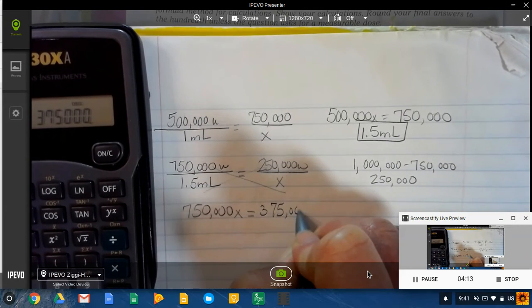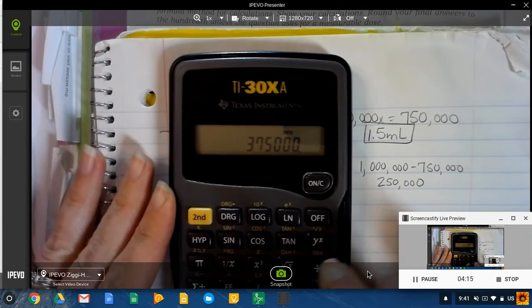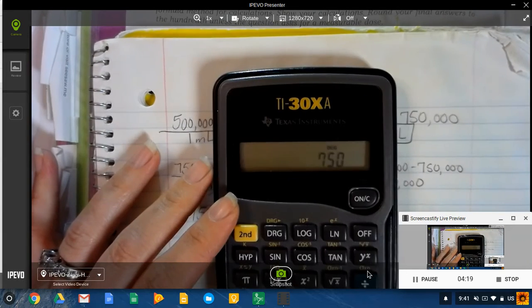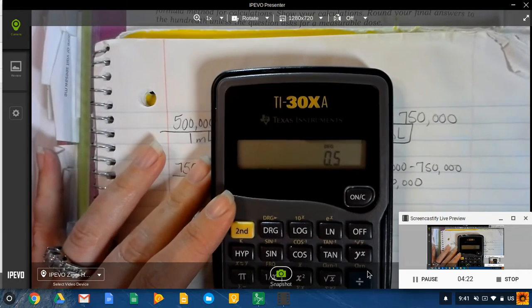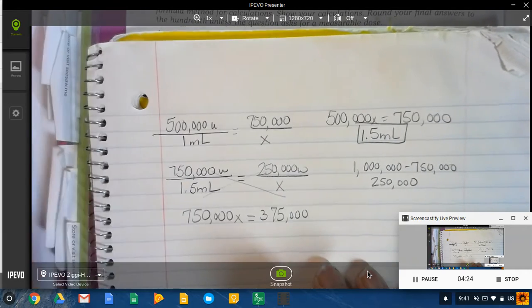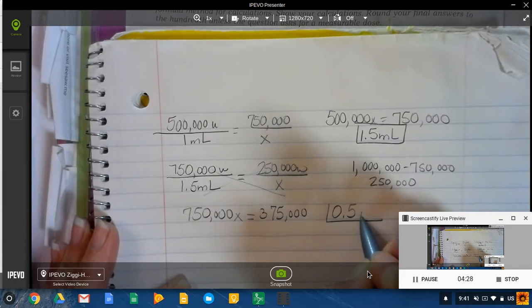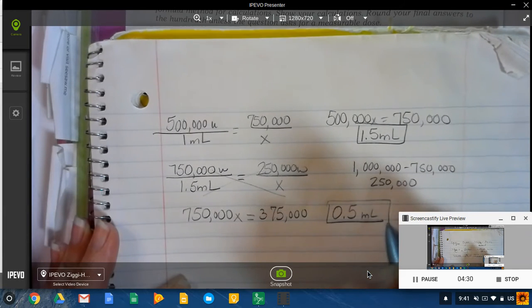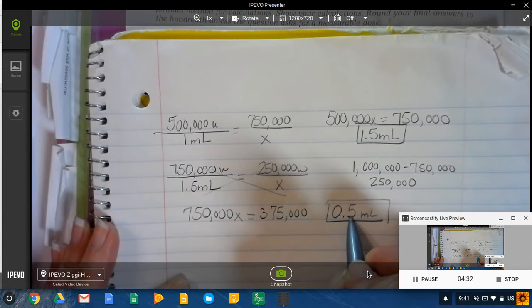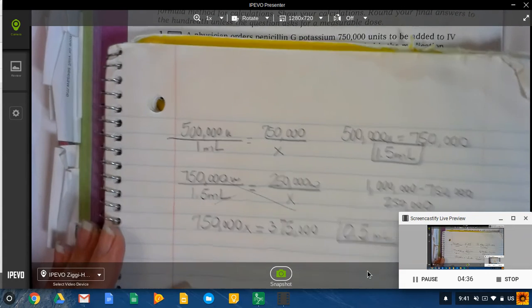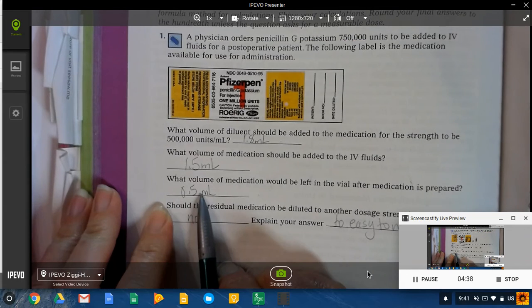Then doing your math, you divide by 750,000, and that gets you 0.5. So that's what you have left in the vial: 0.5 milliliters. Make sure you put the 0 before the decimal. And that's the volume of medication left.